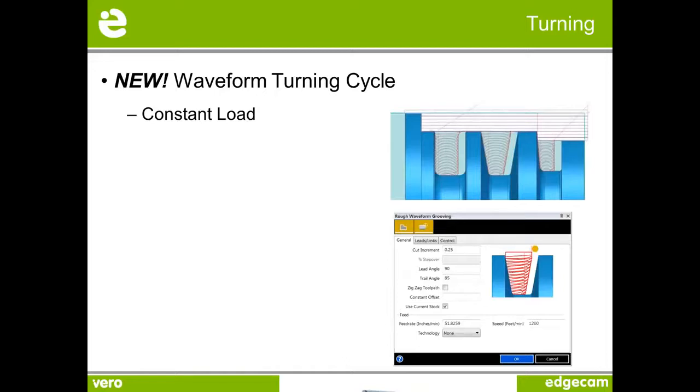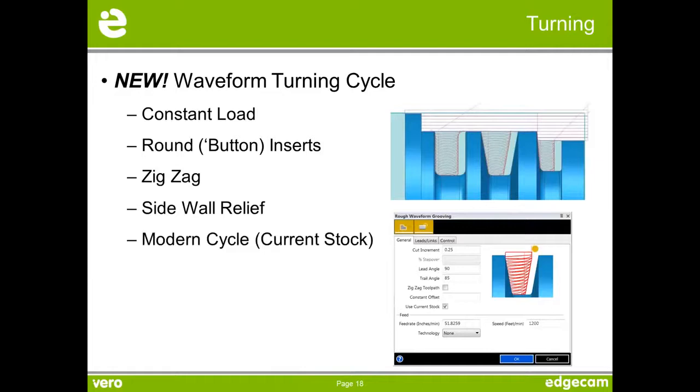Brand new cycle. What does it do for us? Well, basically the algorithm always guarantees that you've got a constant load on the tool. You're not going to overload the tool. This is the same principle as we would find in milling, that the tool engagement angle is kept perfectly static all the way throughout the machining of the part, regardless of where it moves on a part.